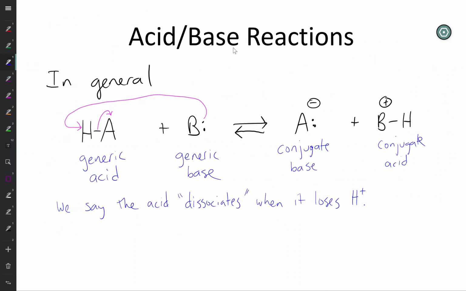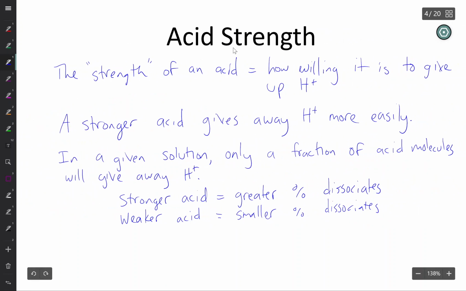So in general, we have these reactions. Our generic acid we'll call HA, and we want to look at how this plays out with specific organic molecules. And the last concept we talked about was how the strength of an acid is how good it is at giving away H plus.